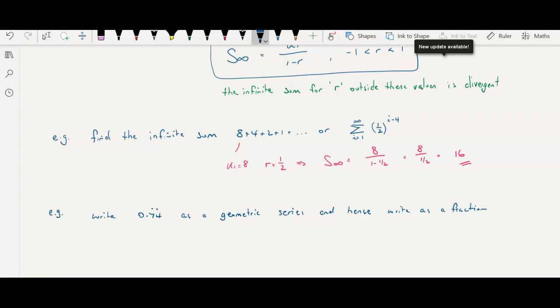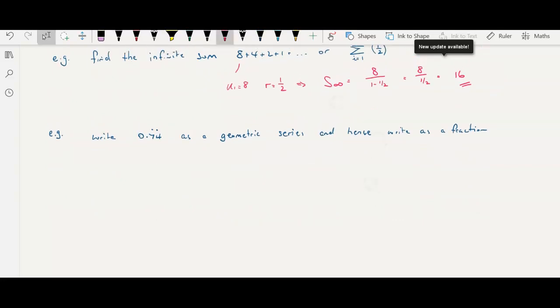As another aside, we had a look at a question like this in class last term, when we looked at writing it as a fraction by turning it into an algebraic problem, letting x equal the decimal we're concerned with, and allowing it to run 0.747474, writing it like so.